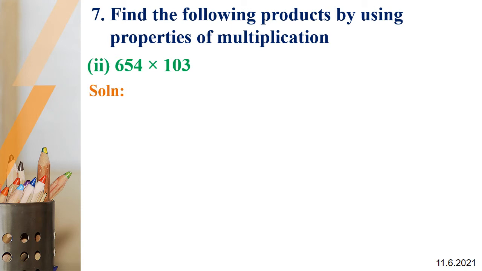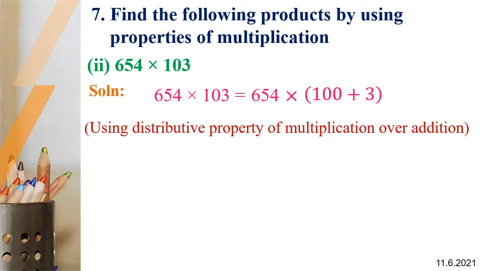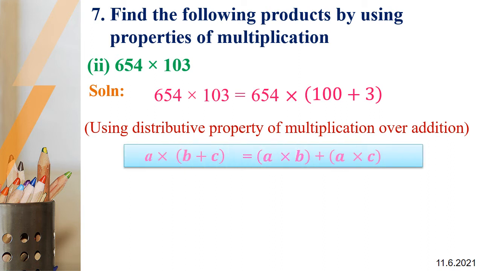So 654 × 103 equals 654 × (103 written as 100 + 3). Let's use the distributive property of multiplication over addition. That is, a × (b + c) = a × b + a × c.